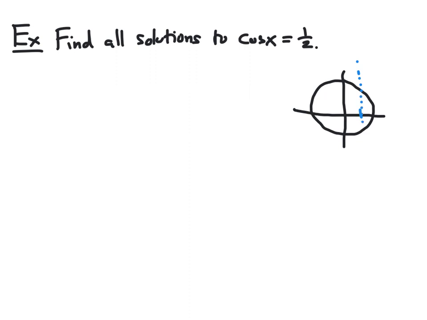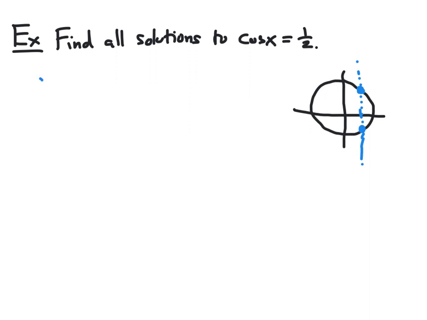And so if we take a vertical line here, we actually see that, just as if we didn't know ahead of time, there are going to be two solutions to this equation. There's going to be two angles between 0 and 2 pi whose cosine equals 1/2. One of the angles is going to be in the first quadrant, and the other is going to be in the fourth quadrant.